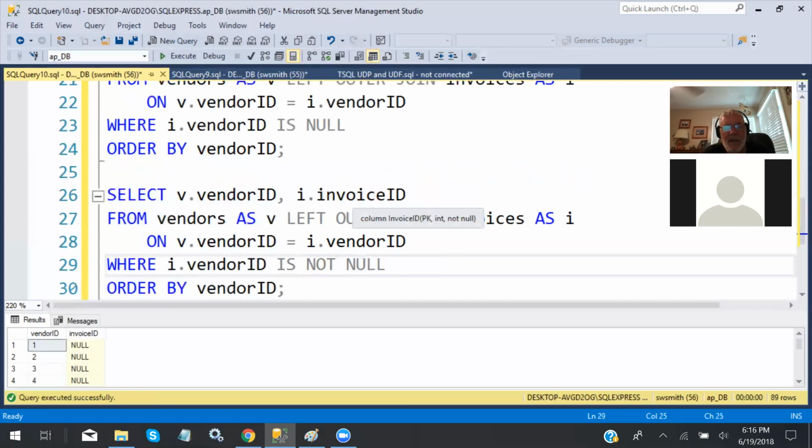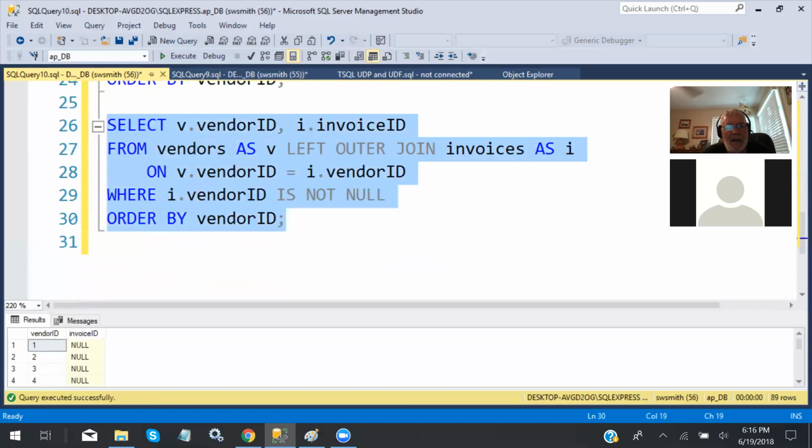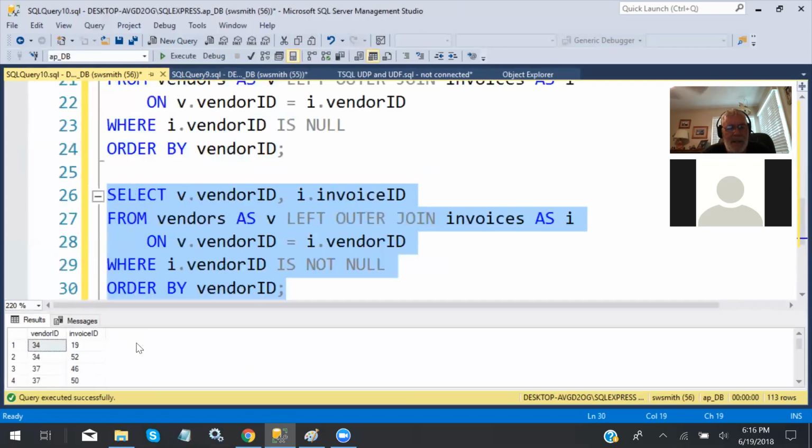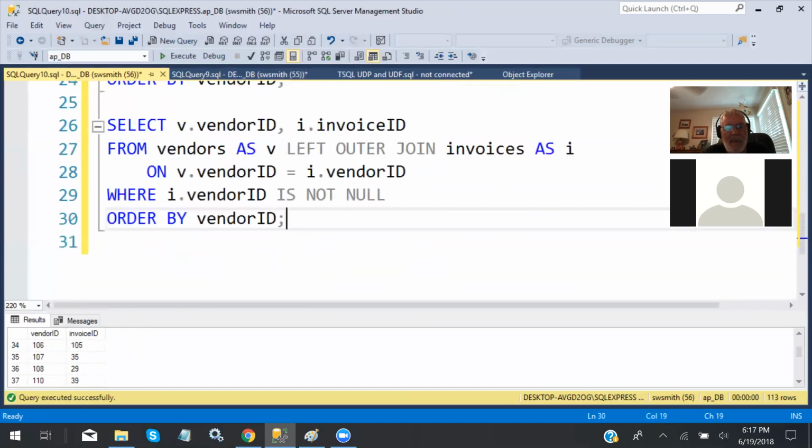No, it doesn't become a right outer join. It shows me only those who have a match. So it essentially becomes an inner join where it's not null. I'm mostly interested in where it is null, because if I say not null, this has essentially become an inner join.